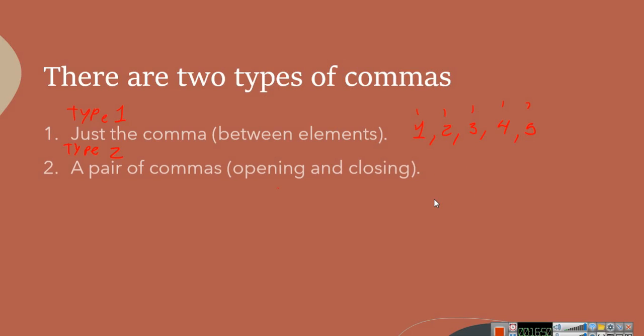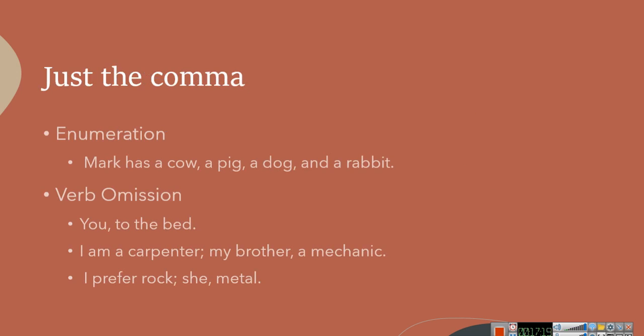And when it's a pair of commas, I can say 1, 2, 3, 4, 5, and 6. The pair of commas are these ones, 1 and 2. This is a pair of commas, and they're talking about this particular group. And this is the opening, and this is the closing. And that's it about the type 2 of commas.